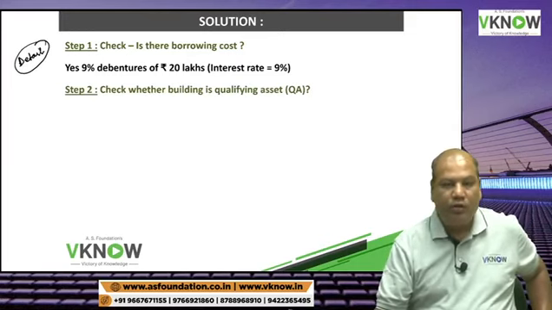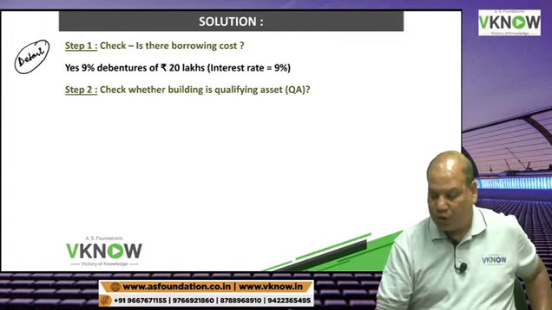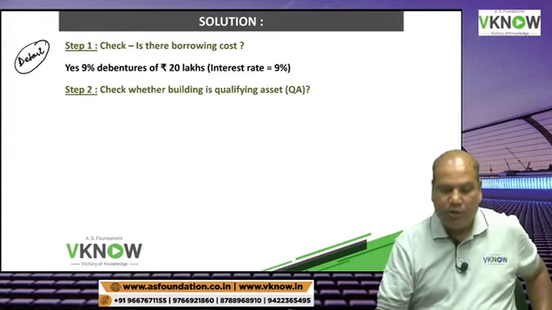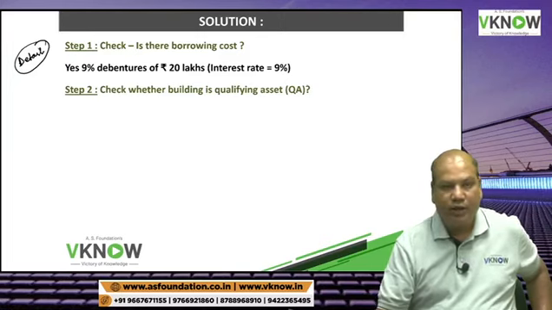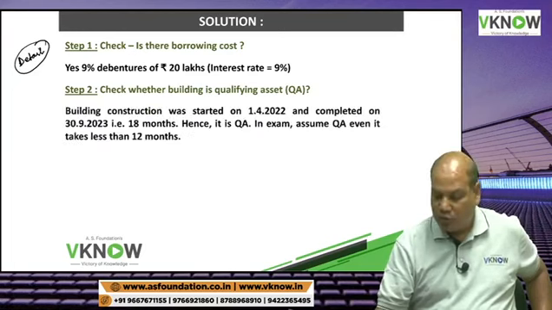Now second thing we have to see that the expenditure is incurred on a qualifying asset. Step number 2, check whether the building is a qualifying asset. What do you think? Is building in this example a qualifying asset? It is taking 18 months to complete. So you will say yes.